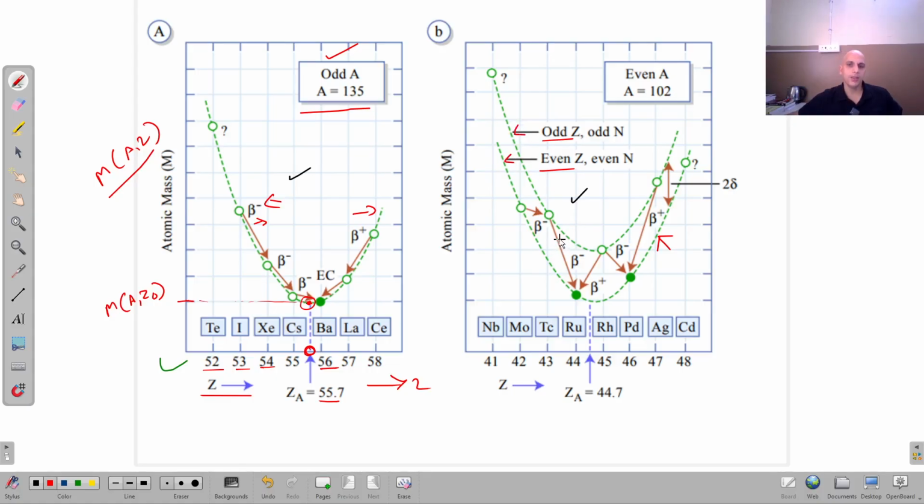Now again the same thing: if a nucleus is present here, it will try to go toward the bottom, but the ultimate stability will come when the nucleus reaches this point, because this is the point where the binding energy of that nucleus will be maximum. It will be maximally stable.